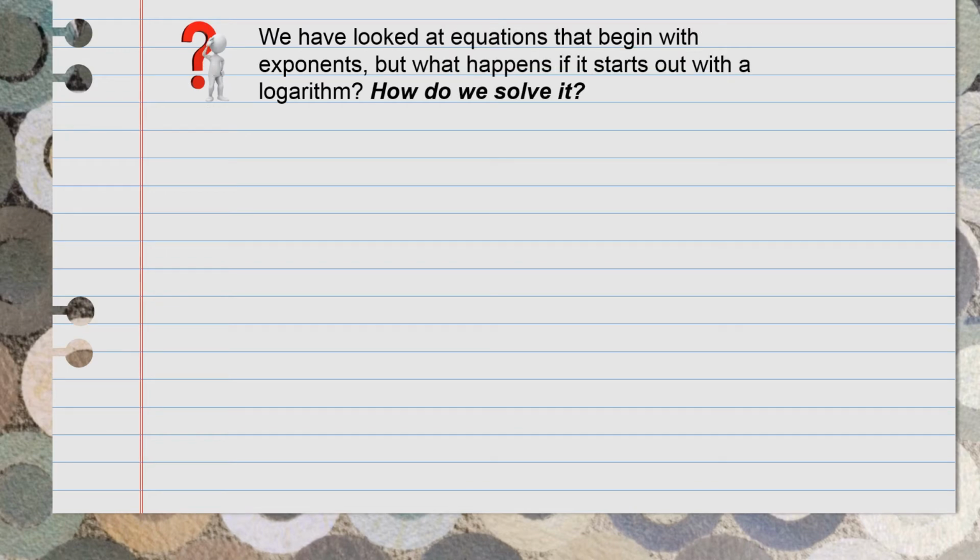Now, we have looked at equations that begin with the exponents, but what happens if it starts out with a logarithm? How do we solve that? Well, when it comes to solving log equations, it depends on what the equation looks like.